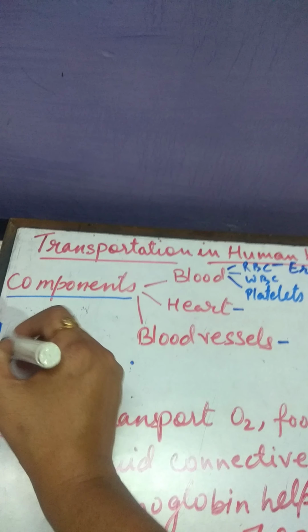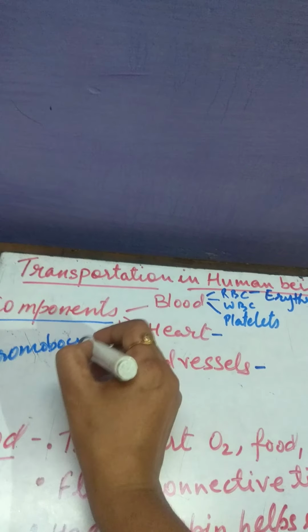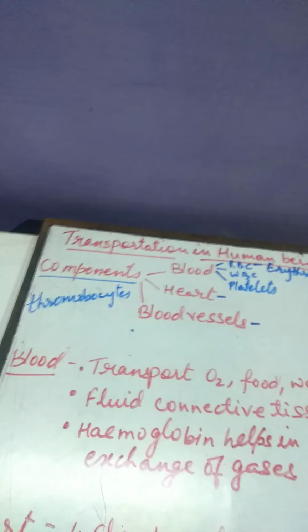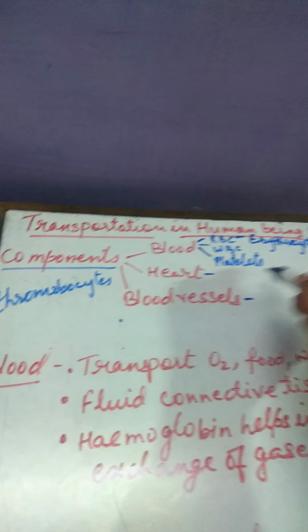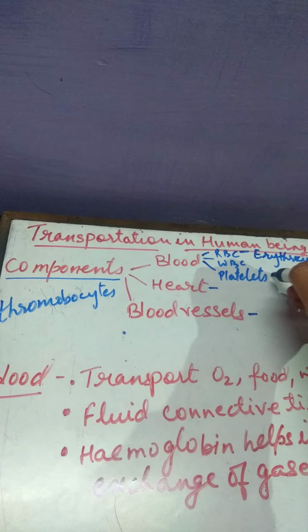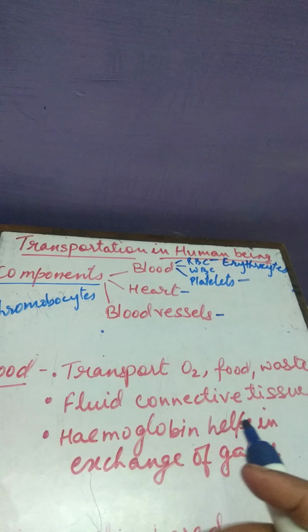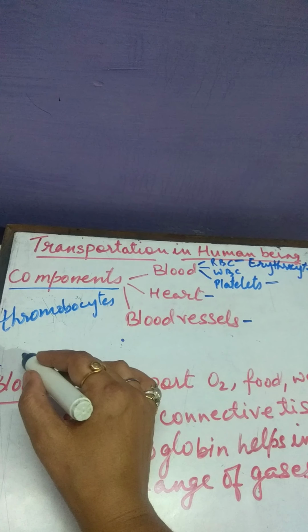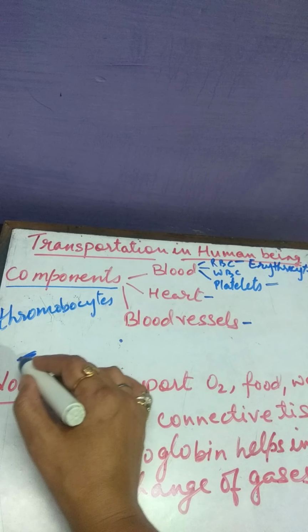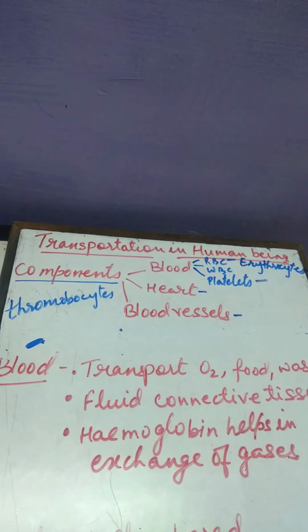It is also known as thrombocytes. See, actually what happens when we get wounded, after some time we see that at the place of wound a thin layer is formed which prevents bleeding.